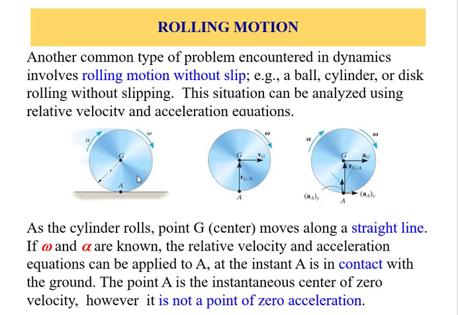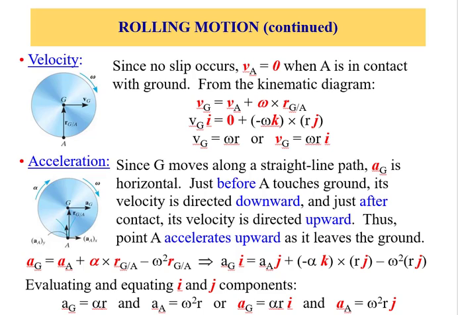So let's put this together into a more mathematical equation to show you what that means. Vg is equal to omega r, or omega r i in vector.